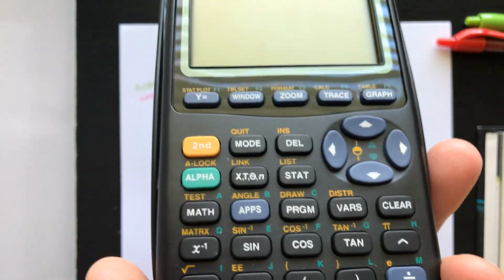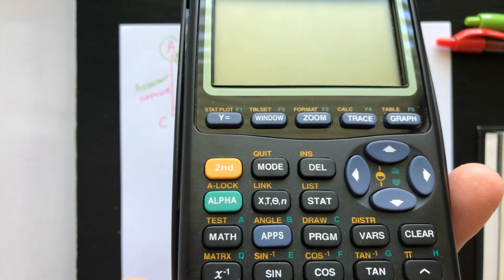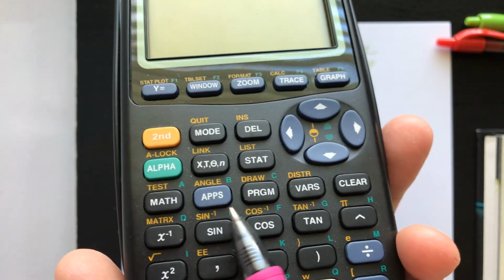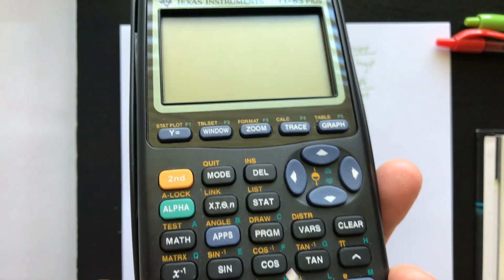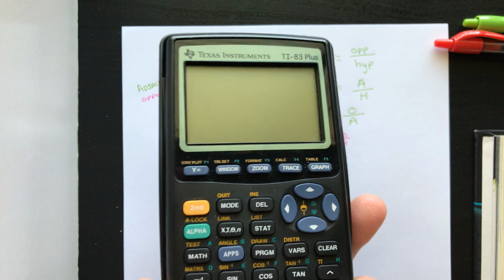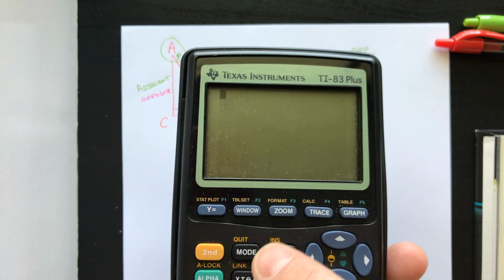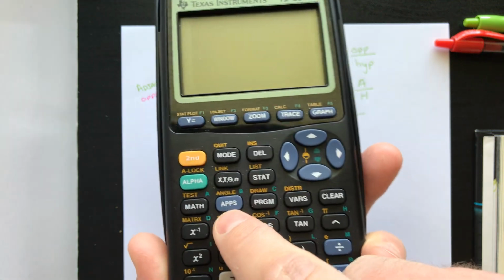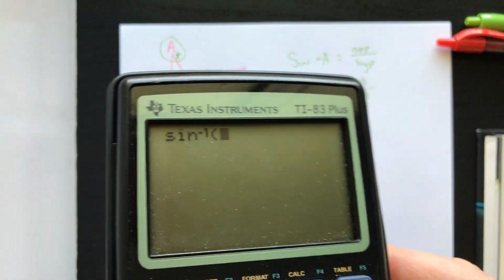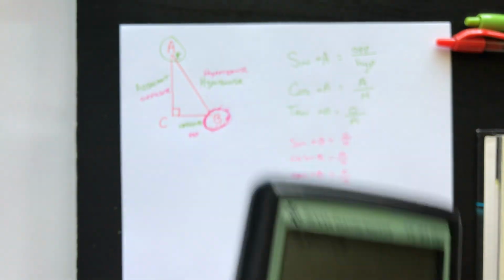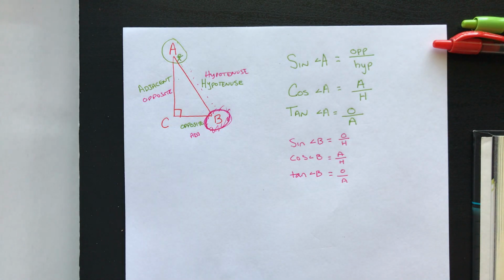If you don't know the angle, then you use the inverse trig functions. And in order to get that on your calculator, you have to push the second button first, all right? So you would push the second button first, and then you push sine. Notice how it says sine to the negative first power. Okay? So those are the rules, and you have to follow those rules.